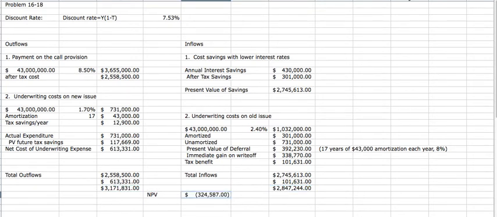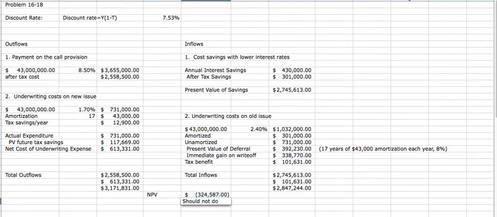And at this point, the net present value appears to be negative 324,587, which means that we should not do this project.